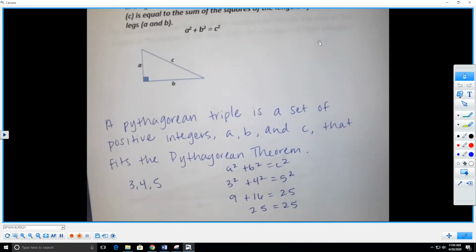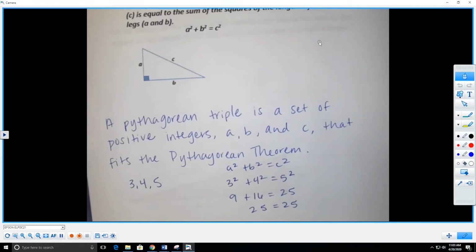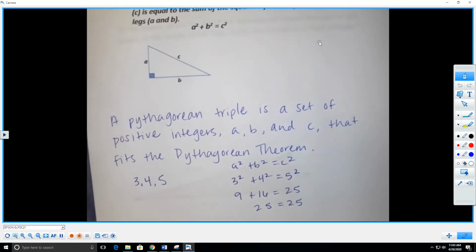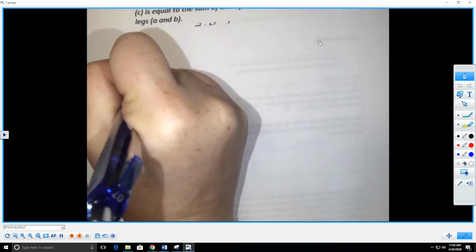Let's try another one. What happens if we change the side lengths all by adding 1 to each of these numbers? So now we have 4, 5, and 6. Follow along with me. So we are going to test out 4, 5, and 6. If we use 6 as the hypotenuse, we get these statements.